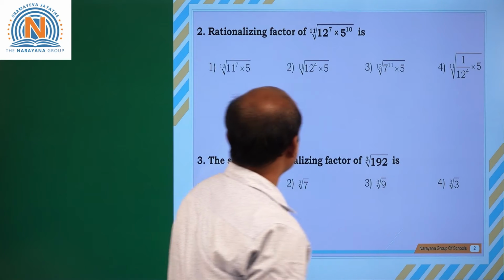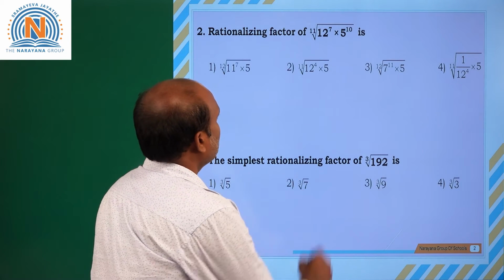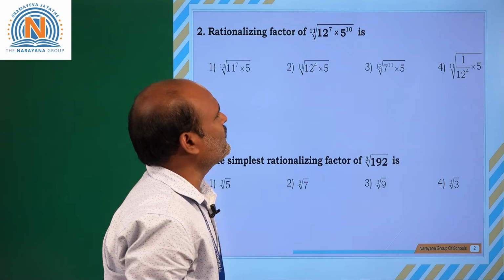Now coming to the next one, rationalizing factor of 11th root of 12 power 7 into 5 power 10.